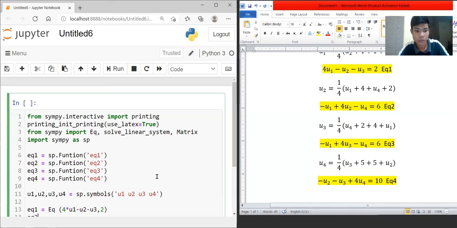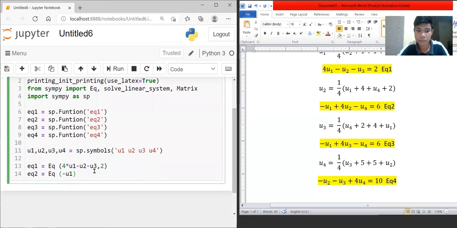Next is equation 2. Negative u1 plus 4 multiplied by u2 minus u4 equal to 6.